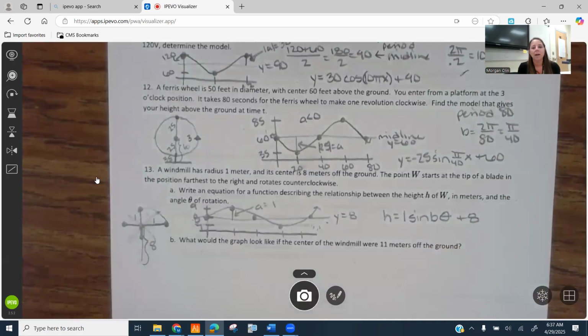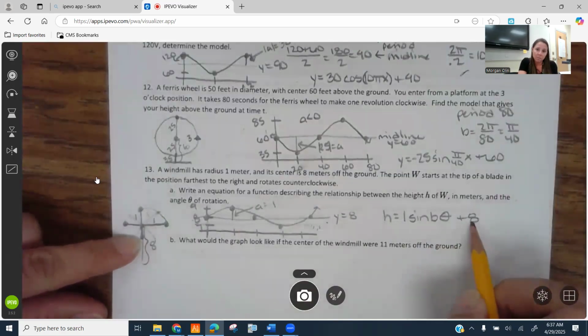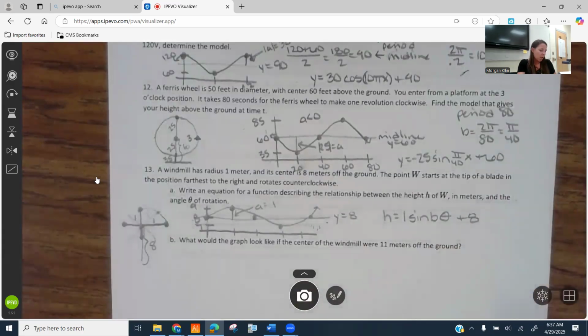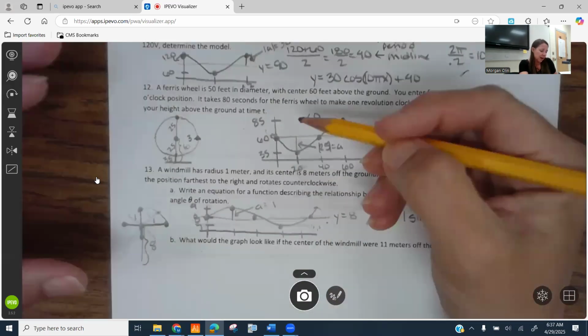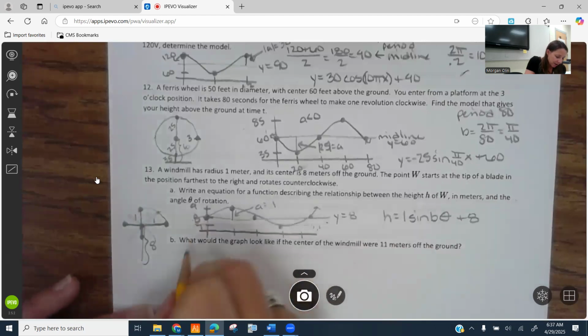Now, what would the graph look like if the center of the windmill were 11 meters off the ground? Well, look, here when it was 8 meters, our midline, our K value, is 8. Well, all this does is shift this up to where instead of this being 8 right here, it's going to be 11. All right.